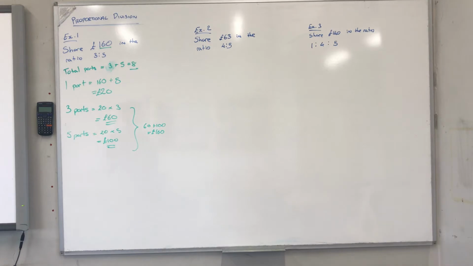So this last thing I've just done is 3 parts equals 20 times 3. So we've got the 20 as that's one part, multiplied by 3, which is 60. 5 parts is 20 times 5, which gives 100.